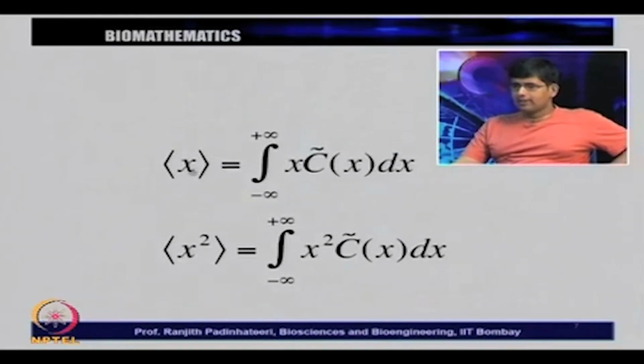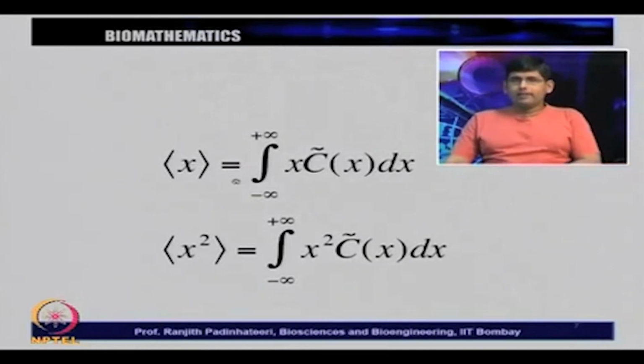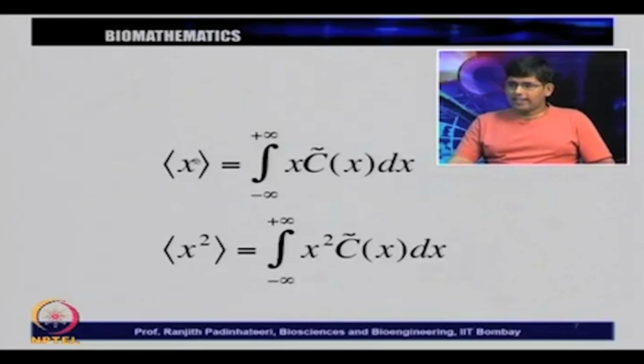So, this is some kind of a normalized distance, do not worry about this. Let us define some quantities called x average and x square average. What does this essentially mean? We will discuss what this physically means, but we can always define x average and x square average in this particular manner.